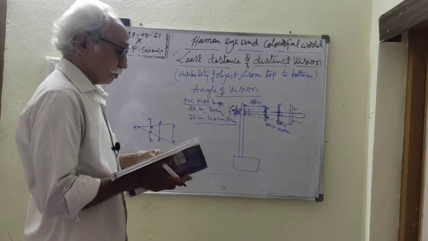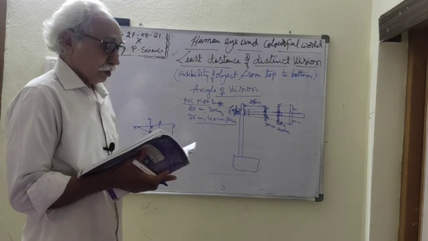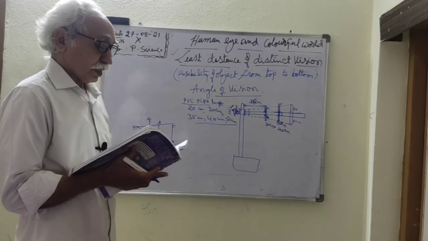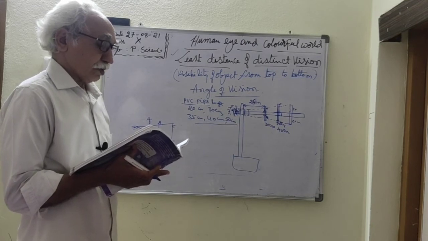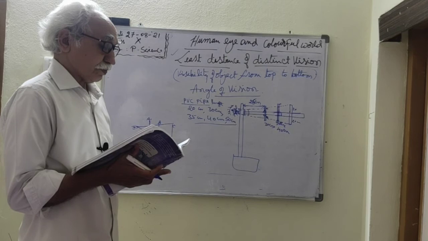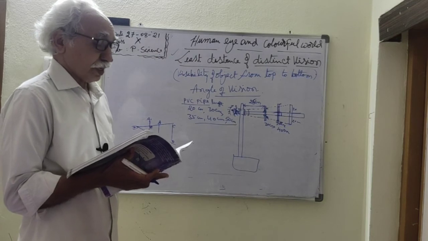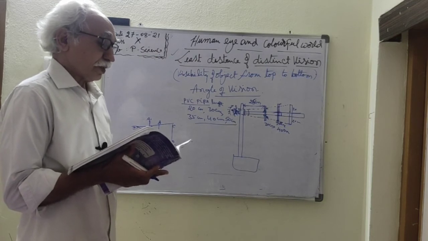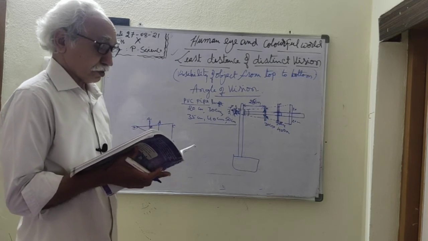Let us see this one. The human eye is one of the important sense organs that brings knowledge to our body, because it helps us to observe so many things in our surroundings. If the eye is not there, we lose 99% of our capacity to observe the world around us.